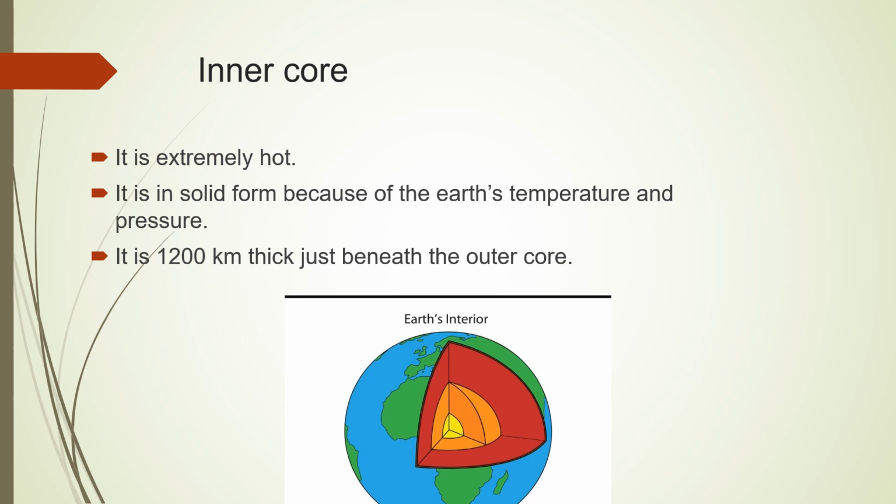Remember that phrase that says the higher you go, the colder it gets. So the more you go down, in this case, the hotter it gets. It is 1,200 kilometers thick, just beneath the outer core.